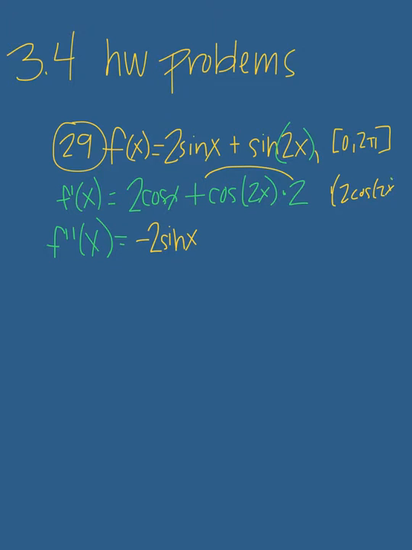I have to do the chain rule, and there's a 2 in front, so I'm going to leave that 2. It'll be negative 2 sine of 2x, and then the derivative of the inside, so times another 2. So we have negative 2 sine x minus 4 sine of 2x. That's my second derivative.